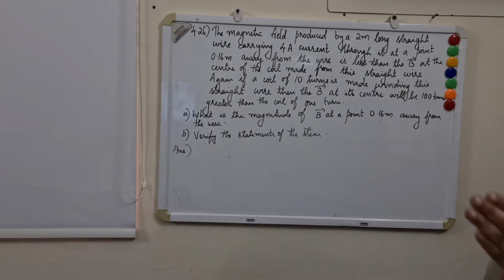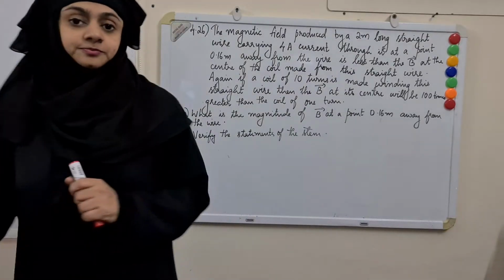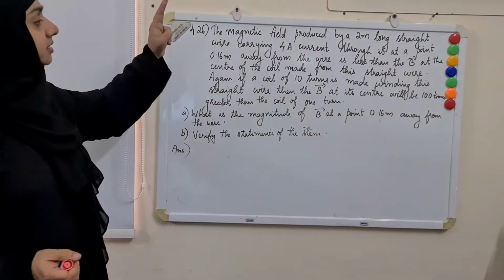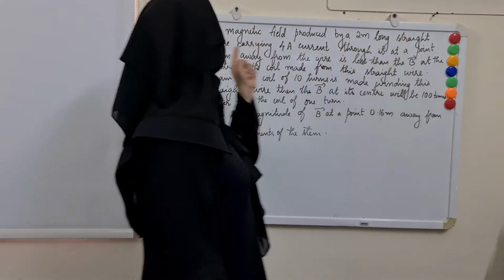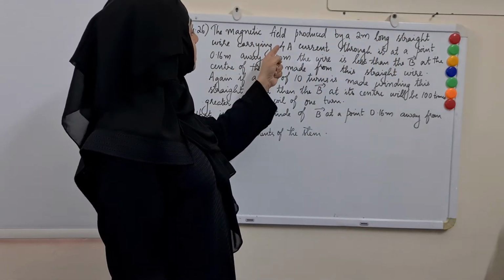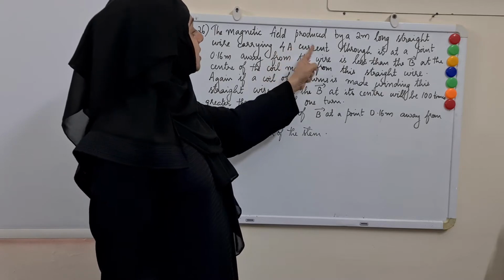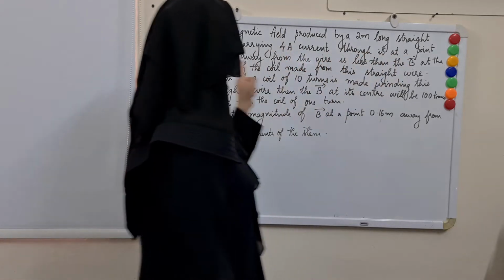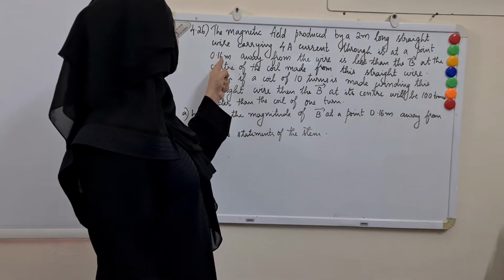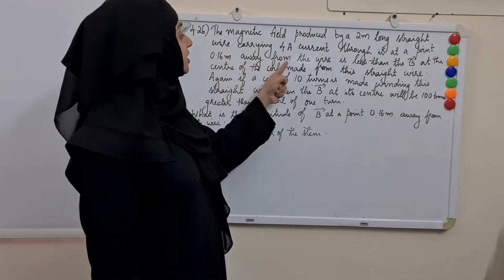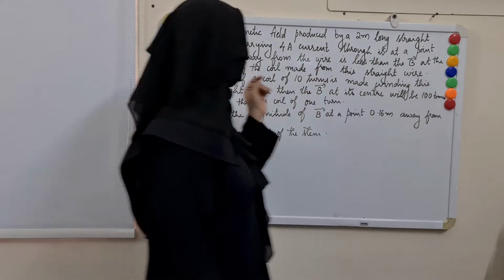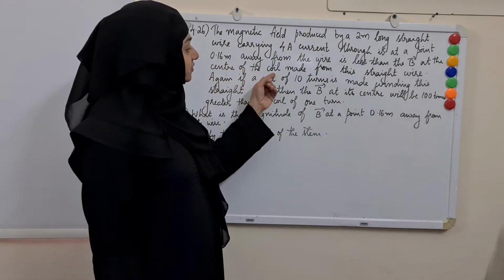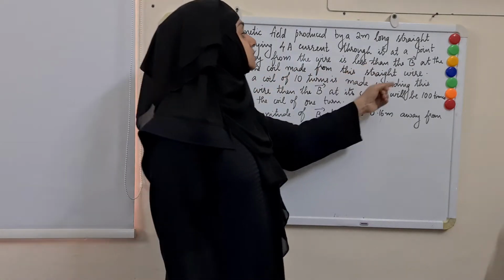So let's see the new question. The magnetic field produced by a 2-meter long straight wire carrying 4 ampere current through it at a point 0.16 meter away from the wire is less than the magnetic field at the center of the coil made from this straight wire.